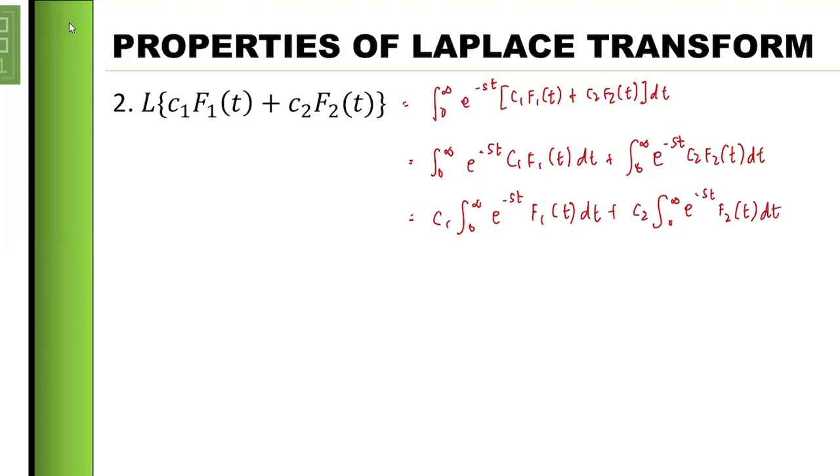Okay? So, kapag simplify natin to, we can assume na yung naka-integral natin is equals dun sa L, dun sa original equation natin. Okay? Then ito will be c2 L of f2 of t.